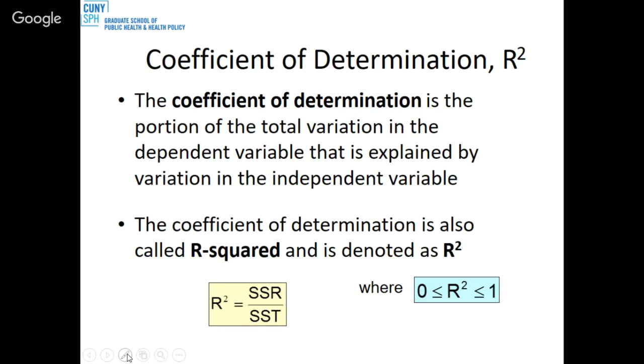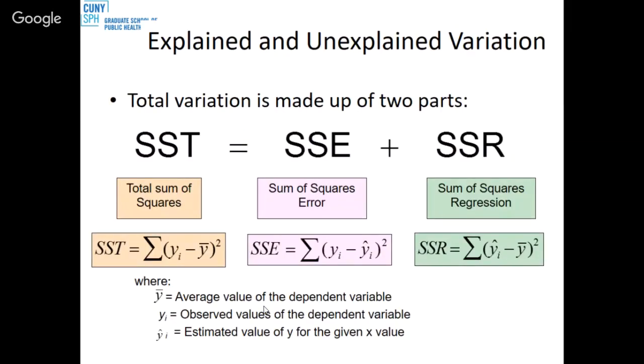And an r squared of 1? The independent variable perfectly explains the variation. Yeah, so it means that your sum of squares of the regression is equal to the total sum of squares. So going back to here, your variability in the regression is the same as the total sum of squares, which means there's no sum of squares of the errors.